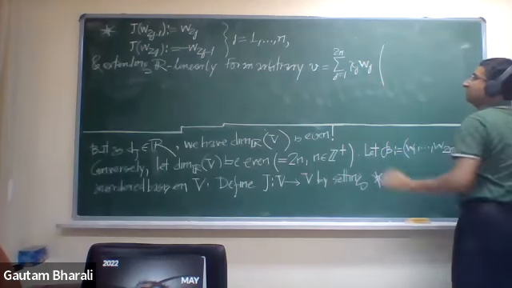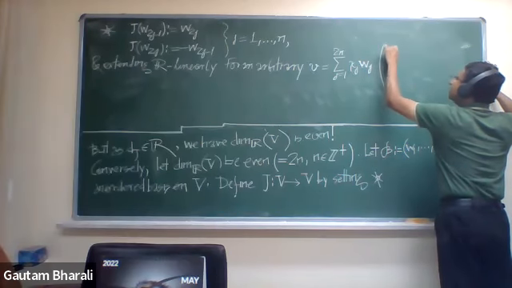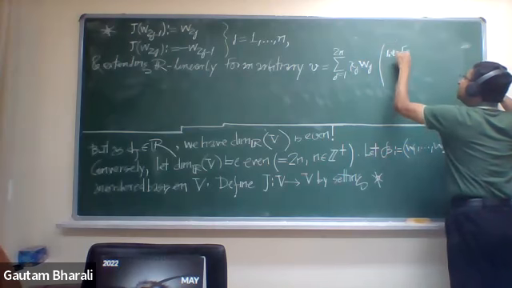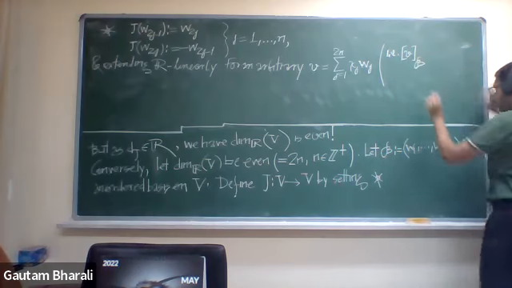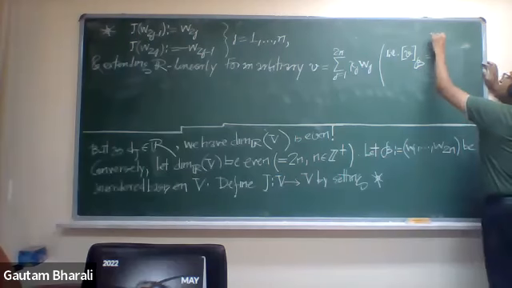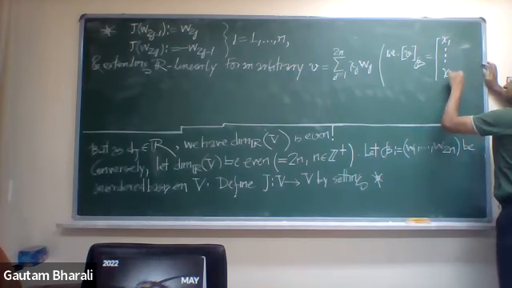In expanding on what Shomiran said, you could say that the coordinate matrix of V with respect to our special basis is just x1, dot dot dot, x sub 2n.